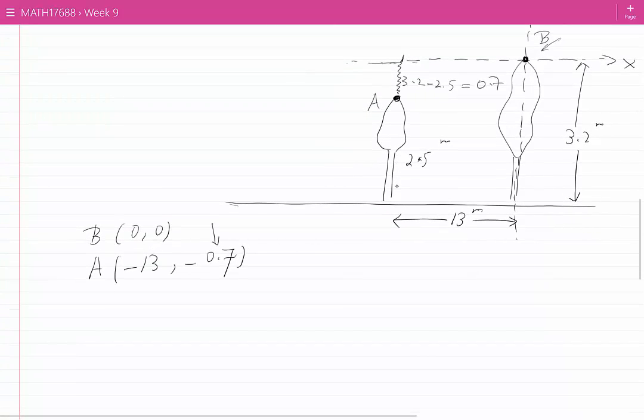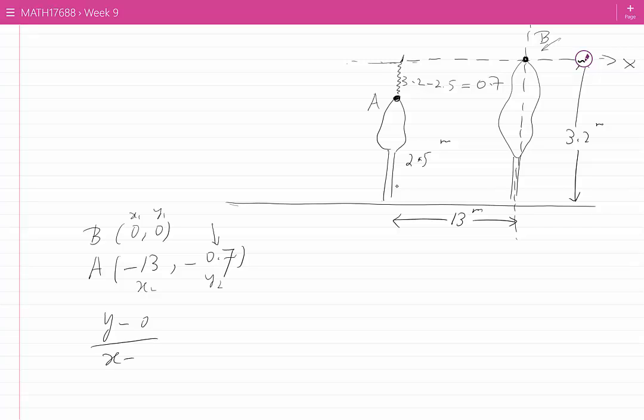Now I can write down the equation of the line passing through the points A and B. I will choose this time x1 and y1 to be 0 and 0, and x2 and y2 to be minus 13 and minus 0.7. The equation would be y minus y1 divided by x minus x1 is equal to y2 minus y1 divided by x2 minus x1.